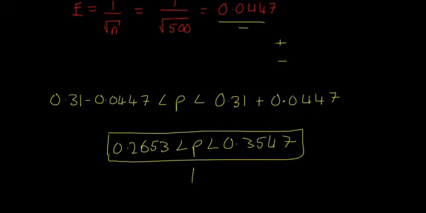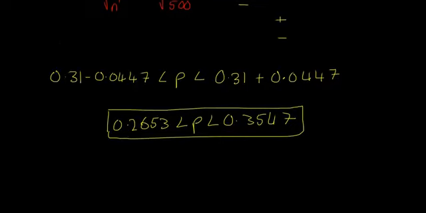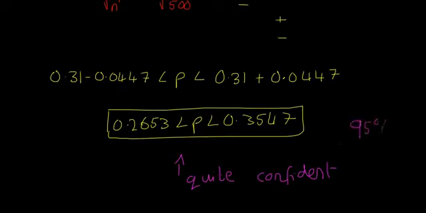So that's what the confidence interval is. I'll say we are quite confident that P is between those two values. And the reason I'm saying quite confident is that we're going to introduce a better way in the next video where we can be 95% confident.